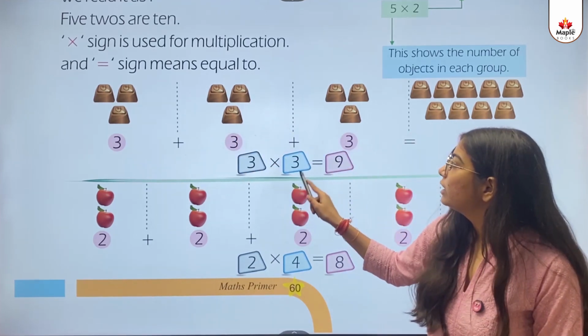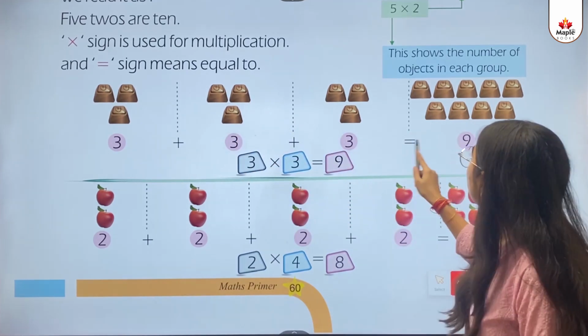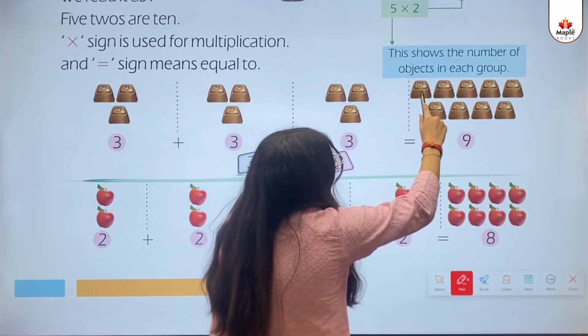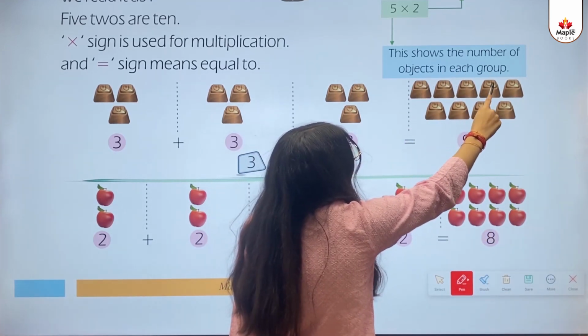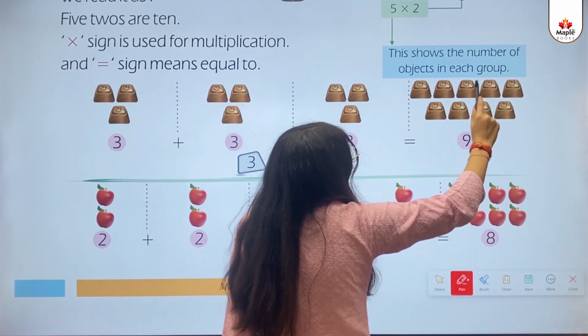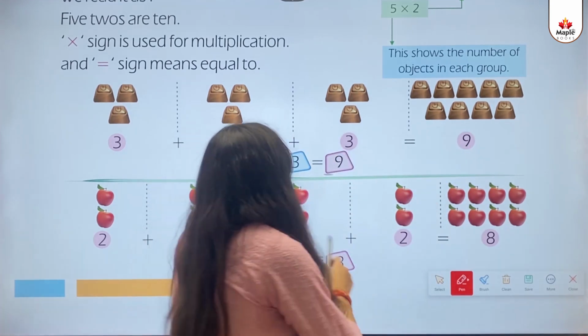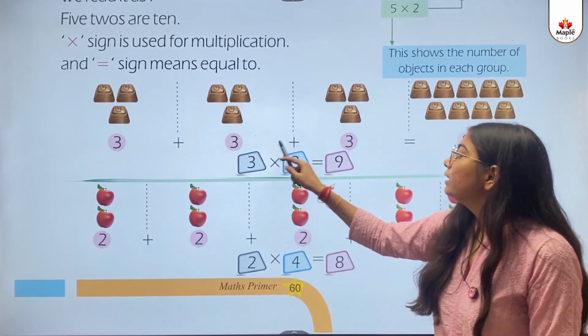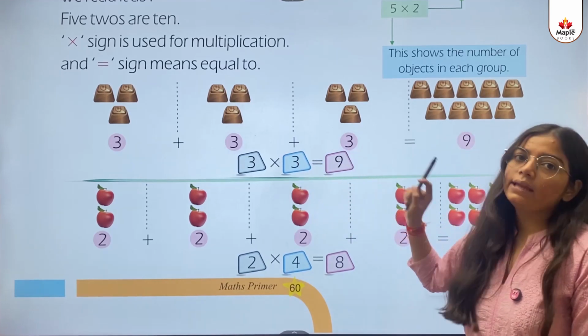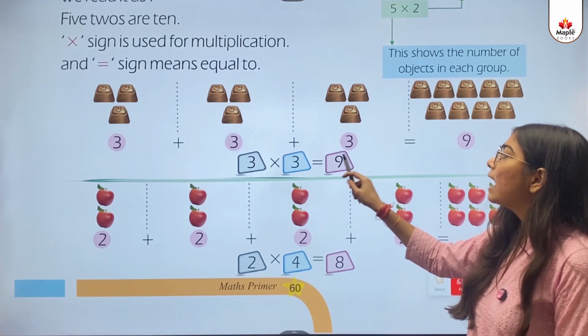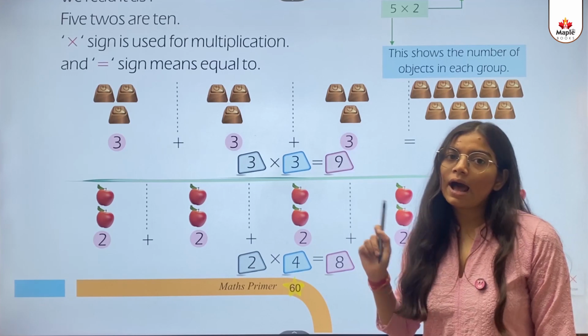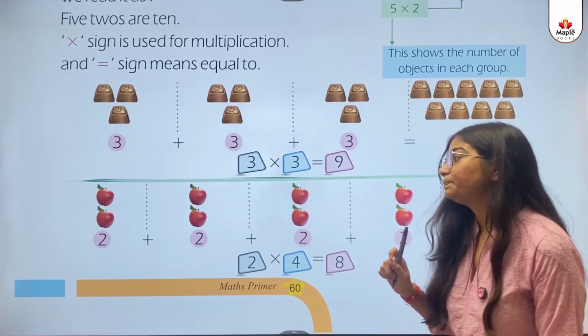So, again 3. So, what will we say? What does it give? 1, 2, 3, 4, 5, 6, 7, 8, 9. It gives 9. So, how do we read this? 3 3s are 9. This is how we read this.